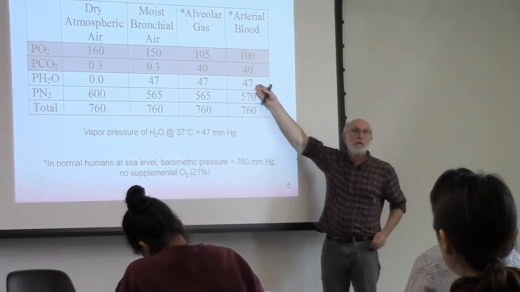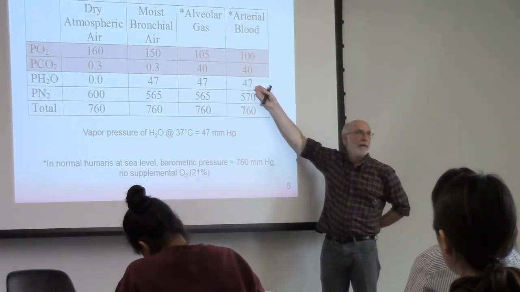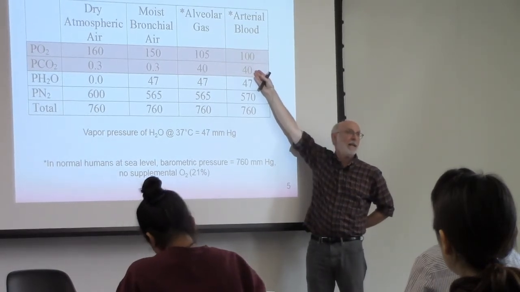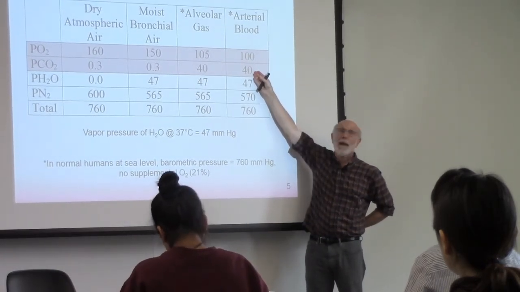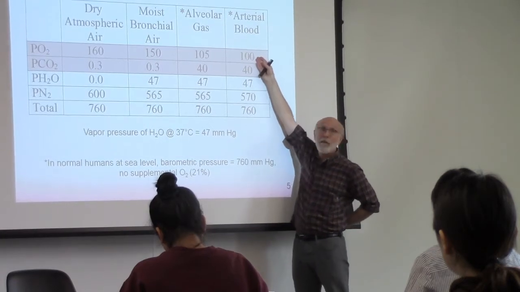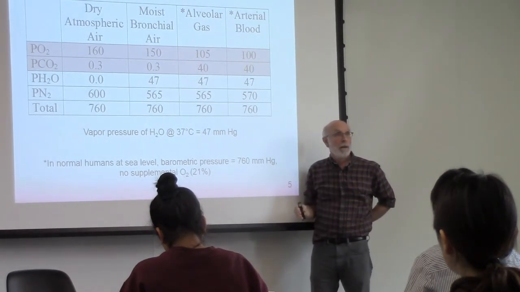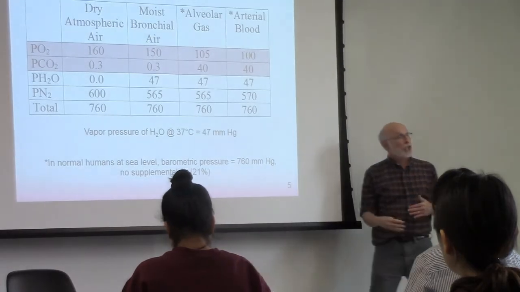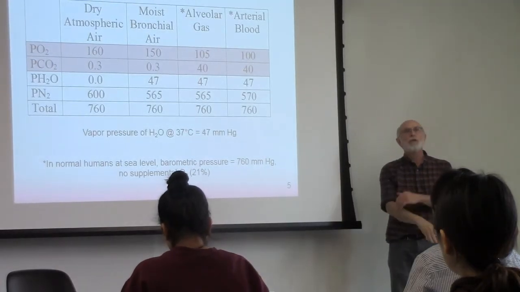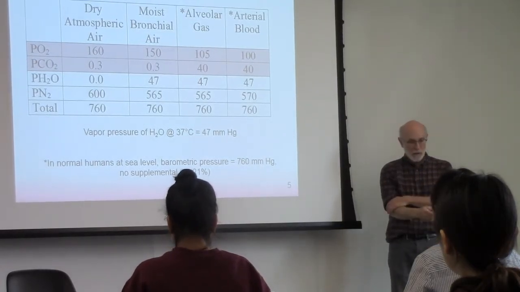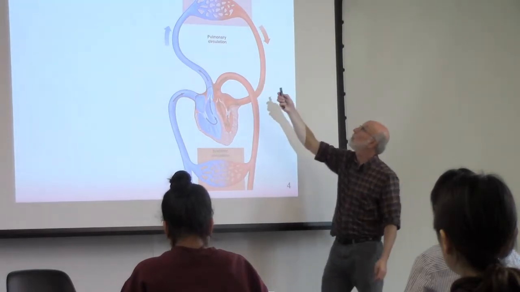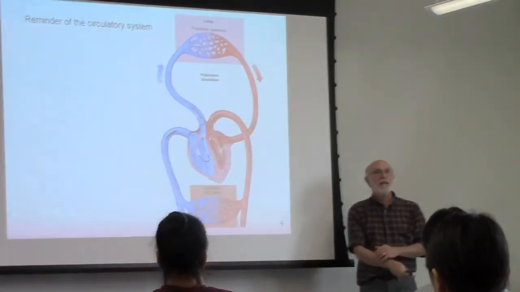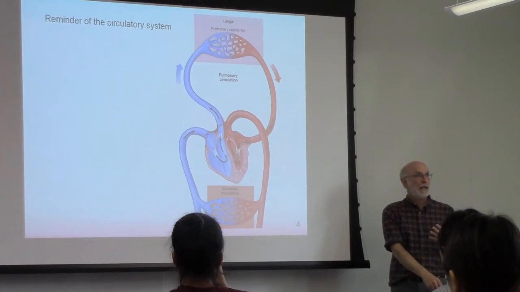There's partial pressure of water in the blood. There's partial pressure of carbon dioxide in the blood. And there's partial pressure of oxygen in the blood, because these gases exchanged almost to equilibrium during the blood passage around the alveoli, which were being ventilated.